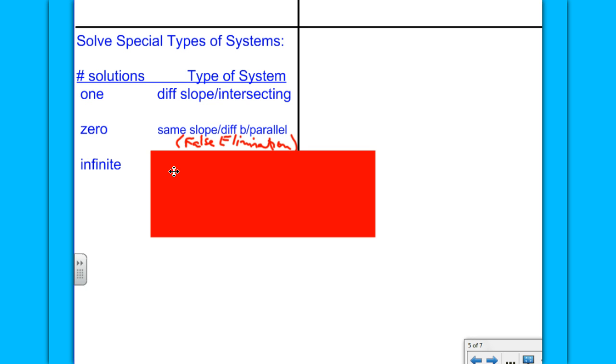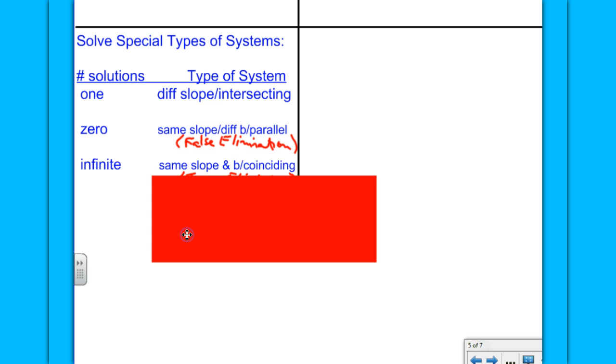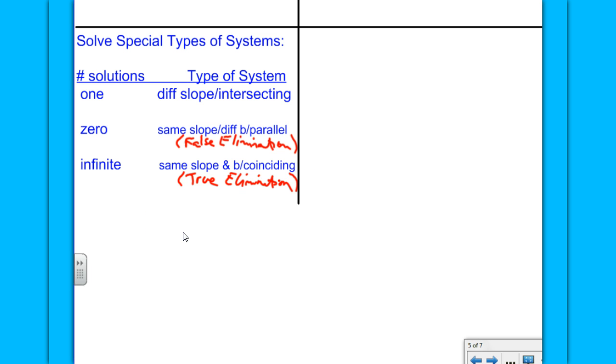That's not true, so there is no solution to that system. It was parallel lines. And finally, infinite solutions are basically the same line, right? So same slope and same y-intercept. And when we use elimination, we end up with what kind of statement? True statement, like 0 equals 0.